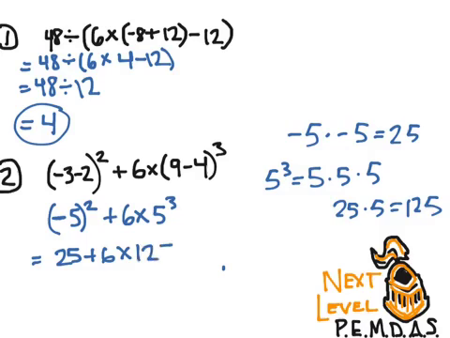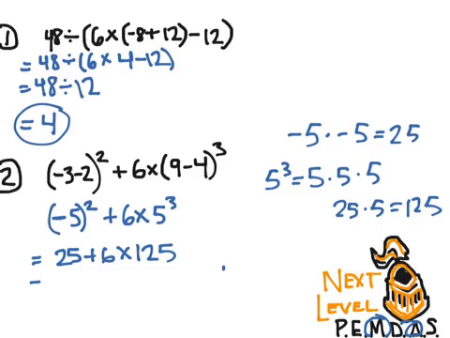So we have 25 plus 6 times 125. Now would be a good time to get your calculator out if you're not sure. And we have to do multiplication right before we do addition, which are the two things that we have in the rest of this problem.